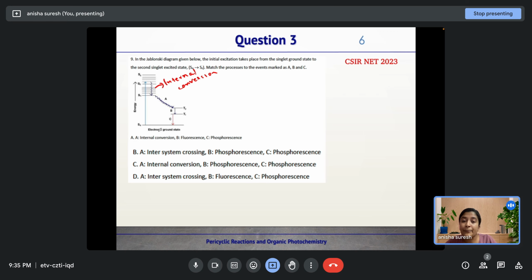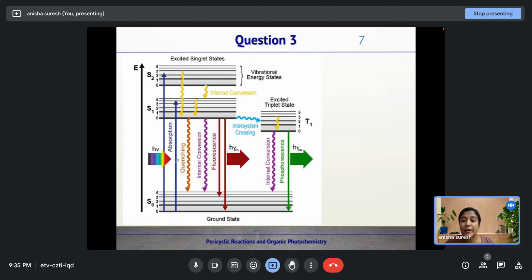Coming to the Jablonski diagram, here we can see this is absorption. When it is irradiated with light from S0, the ground state, it gets excited to the excited singlet states. So it is absorption. When it comes from the excited singlet states to the lower excited states by a non-radiative pathway, it is known as internal conversion.